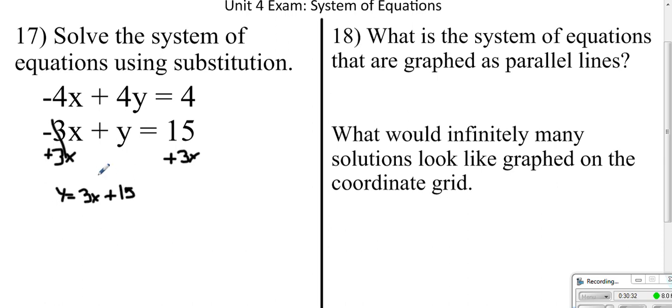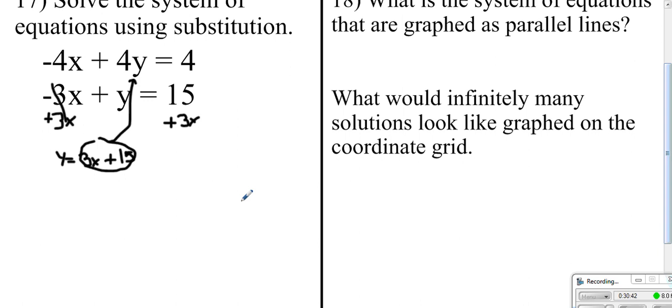Now we're going to substitute this into the y in the first equation, right there. Okay, so this is going to be a lot of work here. Negative 4x plus 4 instead of y, it's going to be 3x plus 15 equals 4.